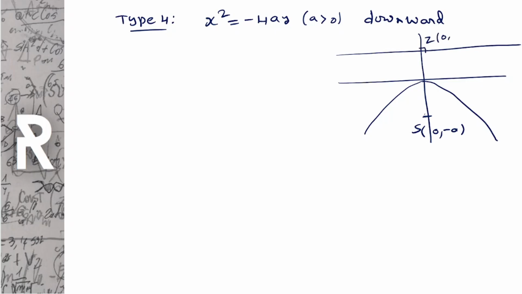Focus (0, a)... Here latus rectum LL dash: (2a, minus a), (minus 2a, minus a).